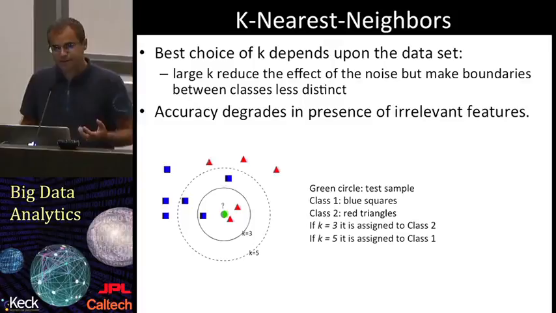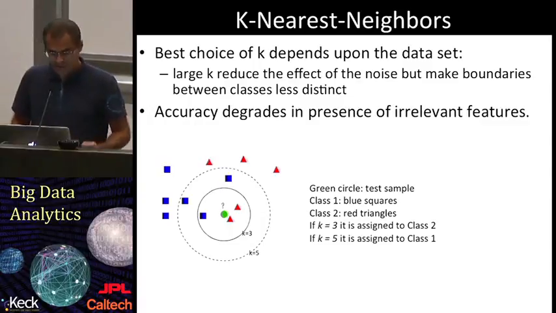Basically, the first three neighbors are two triangles and one square, and that's why it's assigned to the triangle class. If k is equal to 5, it is instead assigned to class 1, and that's why the choice of k is really crucial in this class of models.